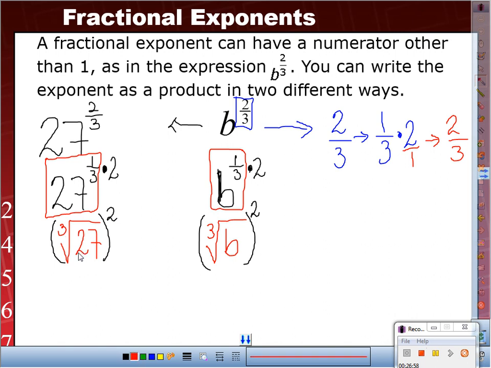Cube root of 27. Now that we did plenty of practice, what is the cube root of 27? 3, because it's 3 times 3 times 3. Are we there? 3. Bring down the parentheses and the square. What is 3 squared? 9. Copy that, please.